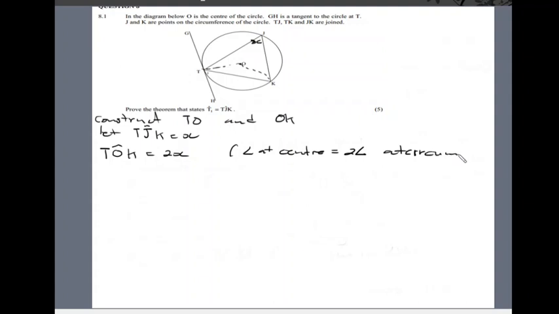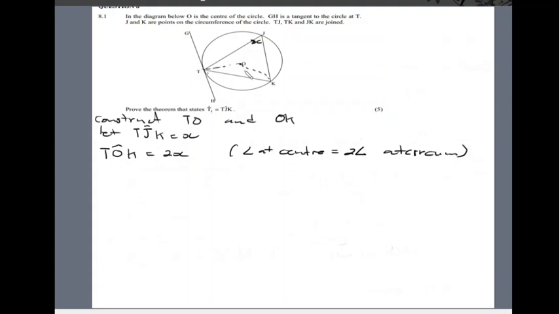Then I say let angle TJK be X, right? So let that angle there be X. Let that angle there be X. So it follows that angle TOK is equal to 2x. Reason: angle at center is equal to 2 times angle at circumference, right?